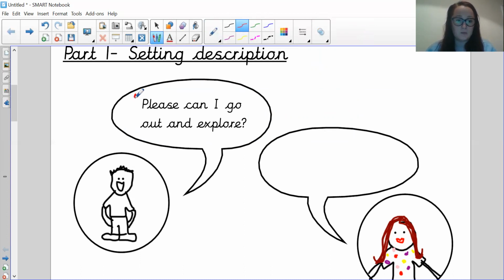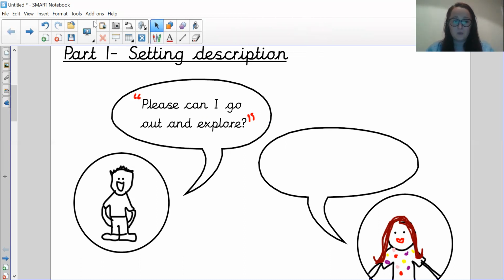So I'm going to put my 66 at the beginning, and my 99 at the end of his speech there, of the dialogue. "Please can I go out and explore?" There's a question, so it's got a question mark, and it's got its 66 and the 99 to put the sentence all together. So my sentence there for Stanley is done.